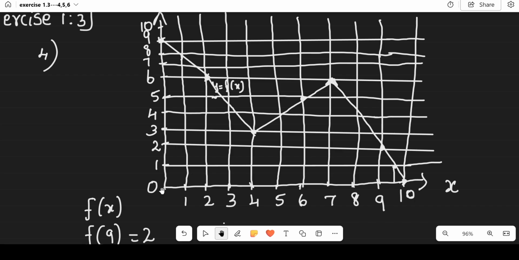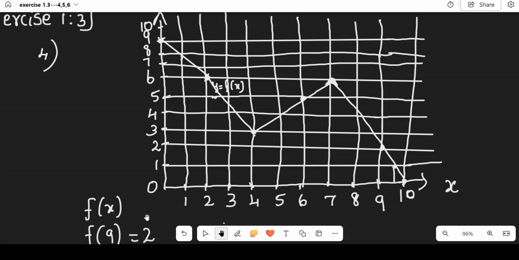It intersects here, at this place. We need to go up and we can see the intersection point over here. So the value of f of 0 is 9. We need to find out the value of y only. This is the answer of f of 0.